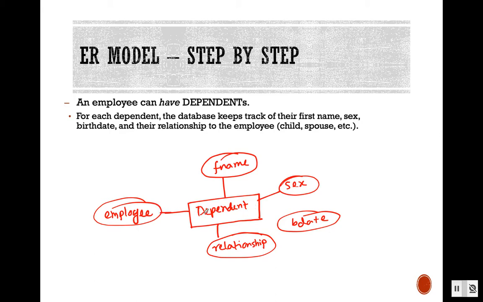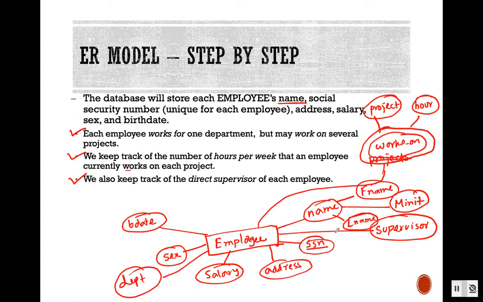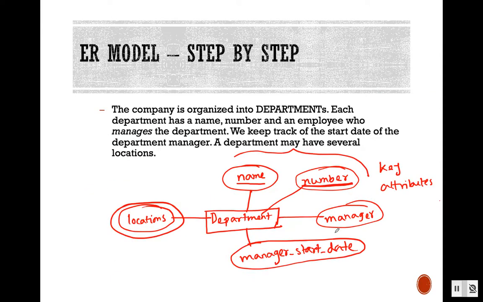And obviously employee will be a single-valued attribute because this dependent is dependent on only one employee. All right, so these are the list of entity types, and we are just showing you the diagrams of each entity.